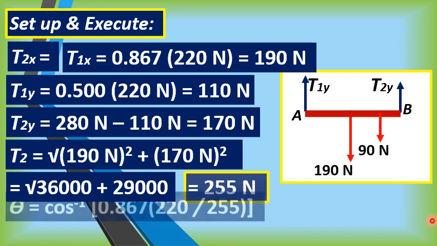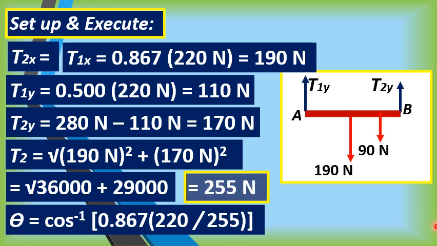And finally, we can proceed in determining the value of the angle theta based on equation number 1 earlier. The working formula for finding the angle theta is just equal to the arc cosine, or the inverse cosine, of the numbers inside the bracket.